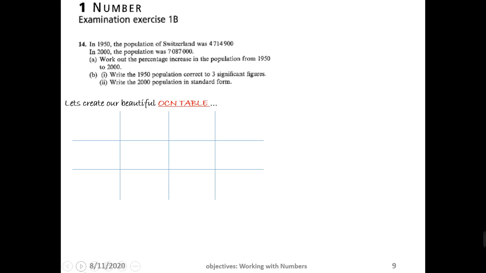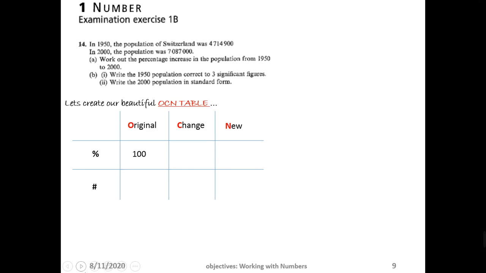Start in the second column, first row, with the original, O for original, C for change, and N for new. Then the first column, second row is our percentage, third row is our number, which represents the number of people in this question. The original as a percentage is always 100.